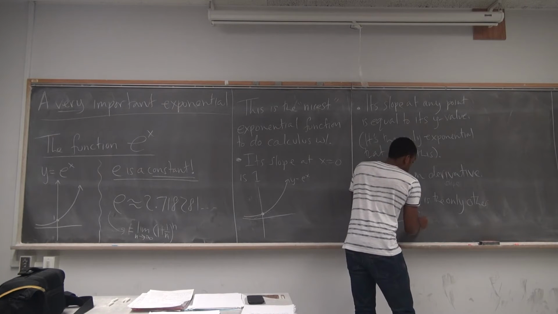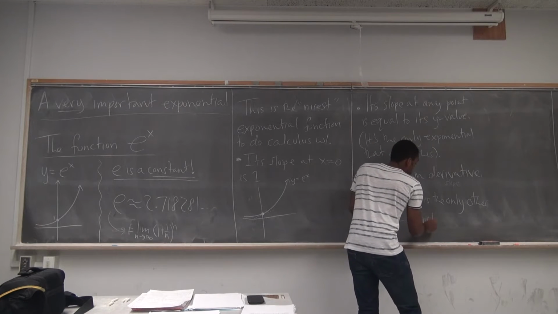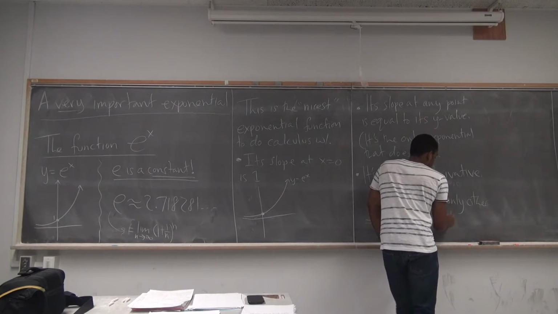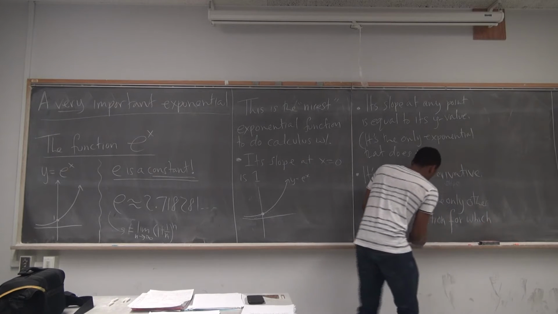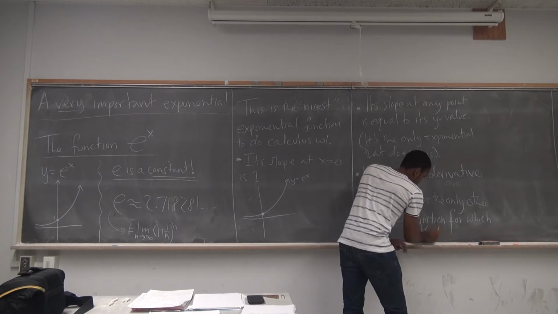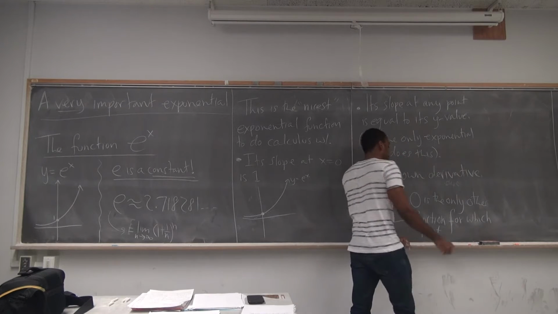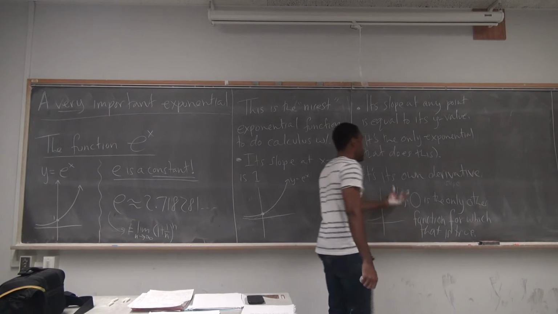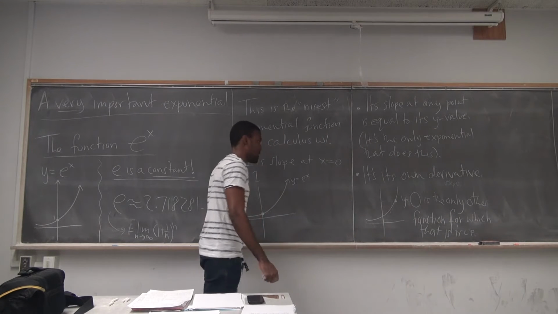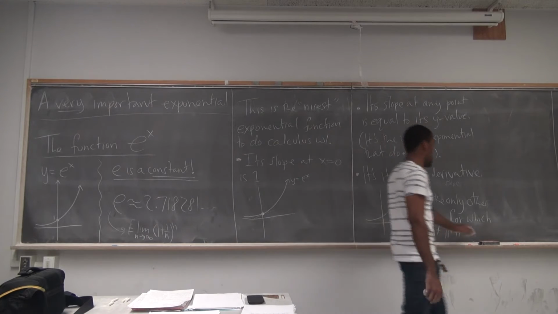y equals 0 is the only other function for which that is true. Right? And 0 isn't a particularly interesting function. It does nothing. So this is the only non-trivial function where the slope is equal to the y value at any point along the curve.